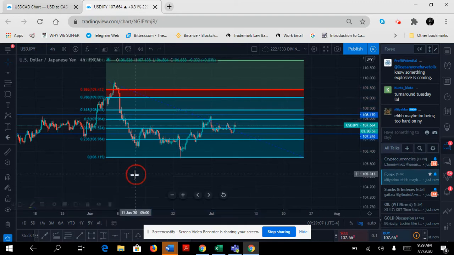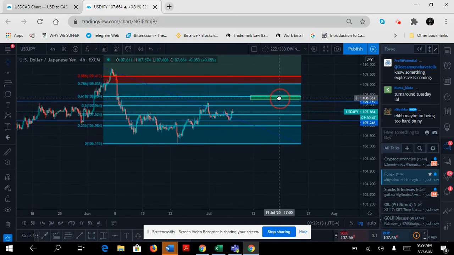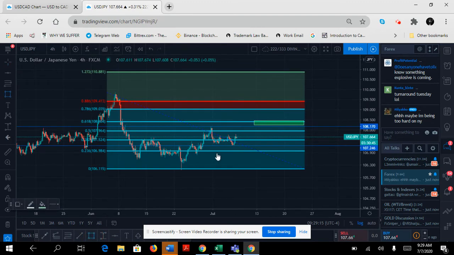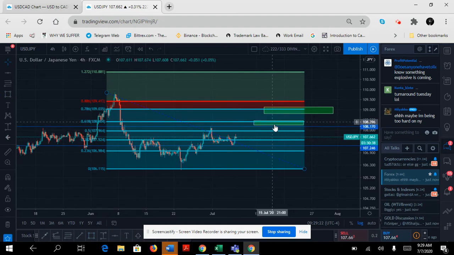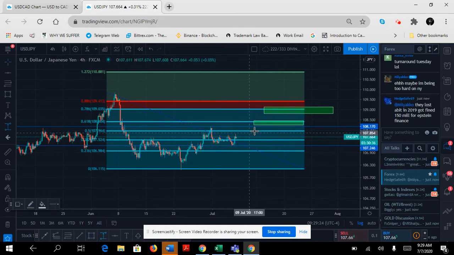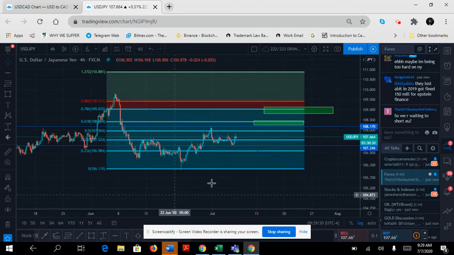We can expect price to possibly come up to this area up here, and then ultimately we can expect price to possibly visit this area as well. But for right now, this will be the area that we're looking for price to come to. That's about a 90 pip target for where we are.